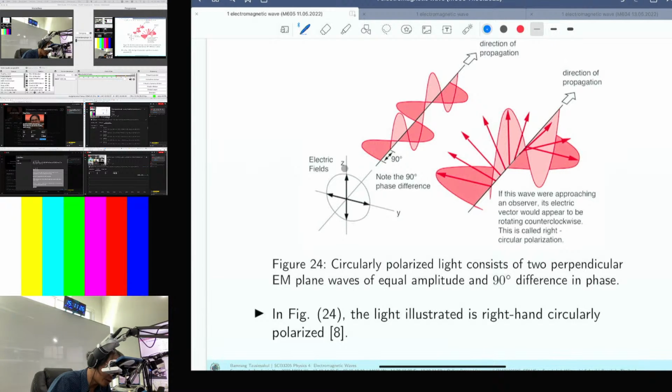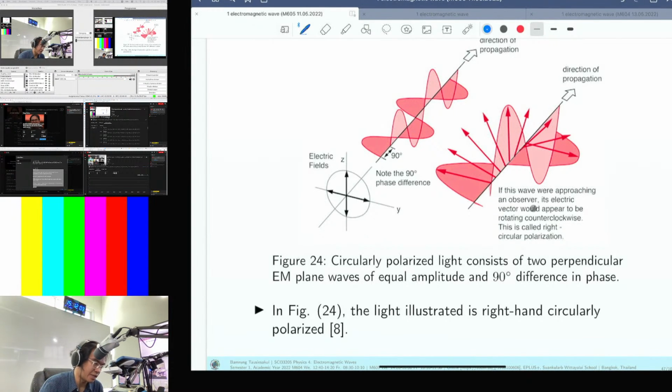It's called circular because the magnitude in the vertical line is equal to the magnitude in the horizontal line. That's why you can see the circle shape here, because the radius is the same.